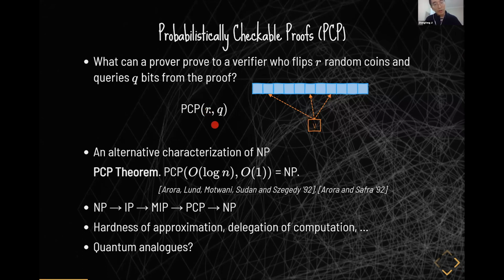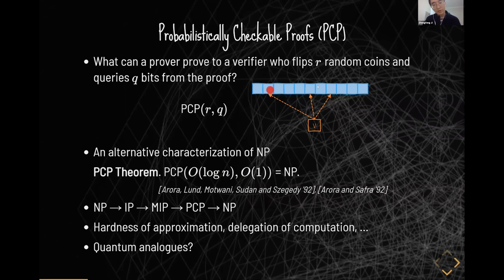And so this R parameter here is the amount of randomness the verifier uses, and the Q parameter here is the number of bits that the verifier reads from the proof. The PCP theorem then says that for a statement of size n, there is a format to write down the proof so that the verification can be very efficient, in the sense that the verifier only needs to flip random bits of size log n.